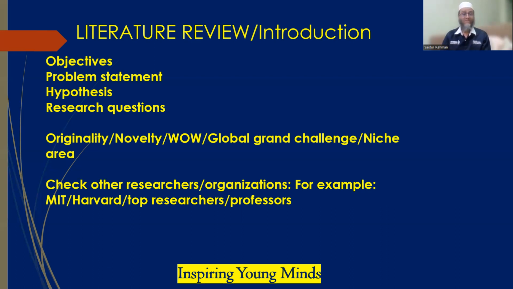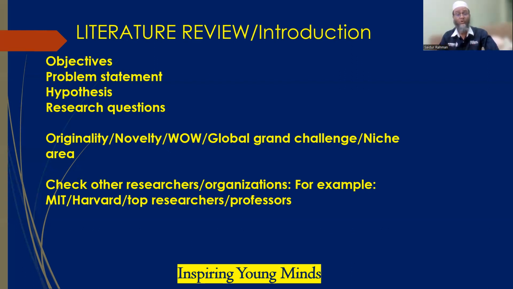To do some homework, I always check with other researchers. For example, as you know, MIT is one of the world's best universities, and Harvard. The idea is that not only MIT and Harvard, maybe there are researchers in some other universities who may not be at Harvard or Cambridge level, but in that specific area, specific research focus, may be better than MIT and Harvard.